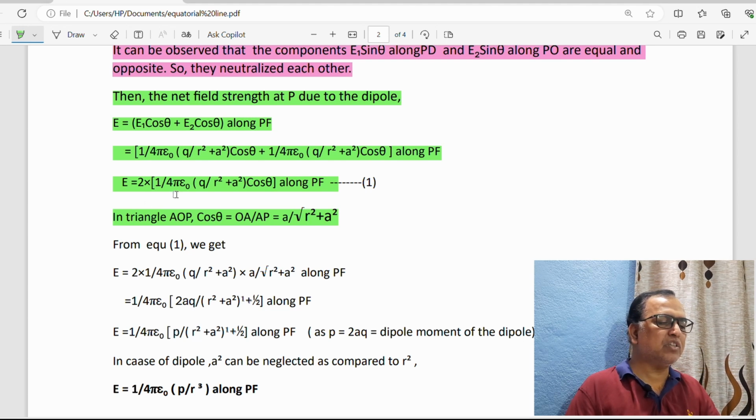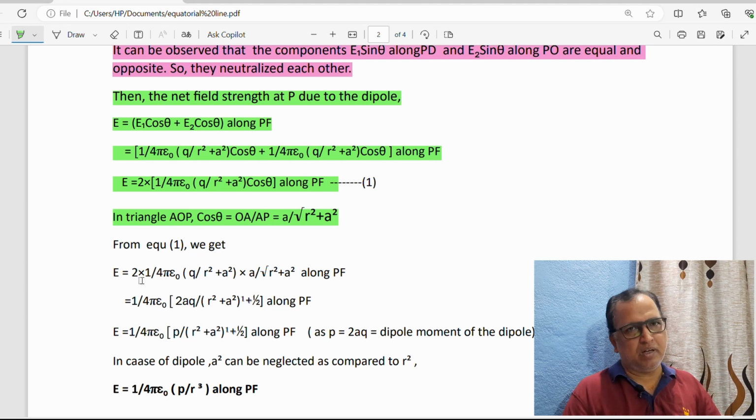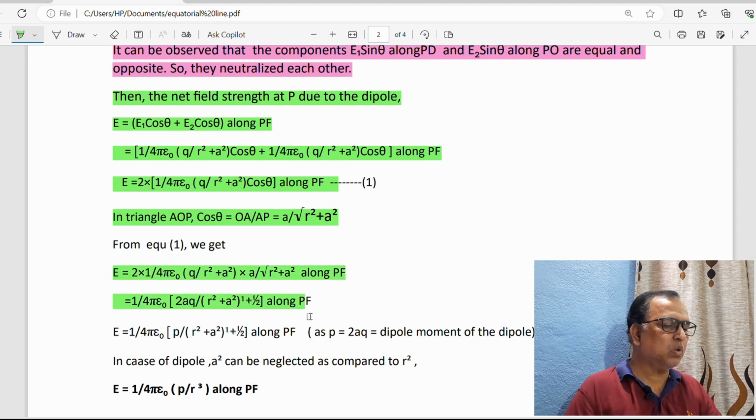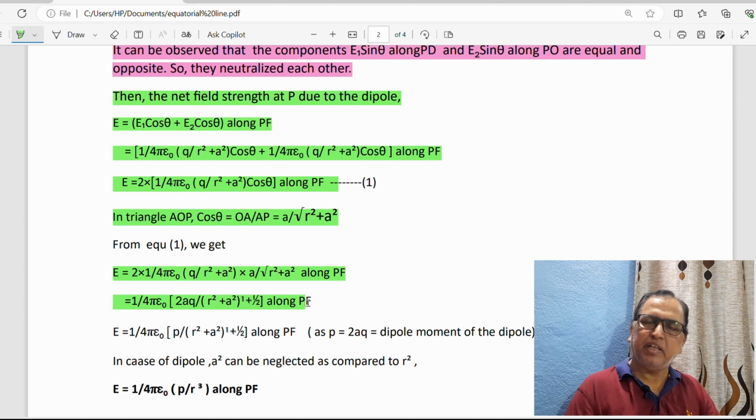From equation 1, E is equal to 2 into 1 by 4 pi epsilon naught, q by r square plus a square, cos theta. In this equation, we put the value of cos theta. So E is equal to 2 into 1 by 4 pi epsilon naught, q by r square plus a square, into a by the square root of r square plus a square, along PF.